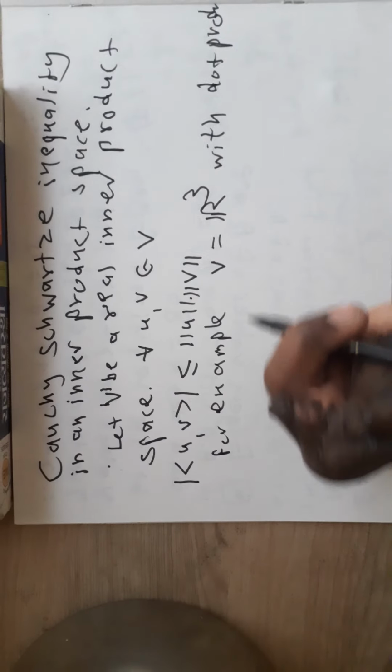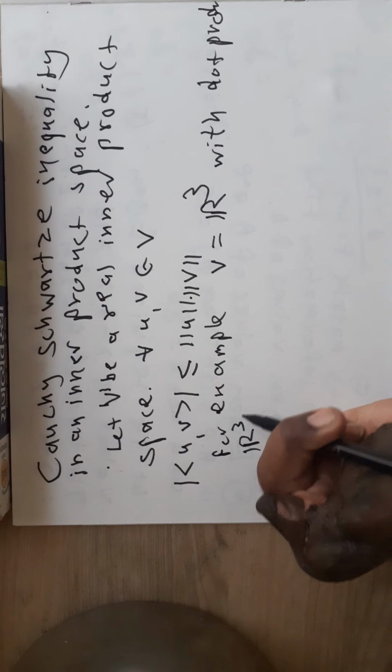Here, R3 is the set of ordered tuples of real numbers.